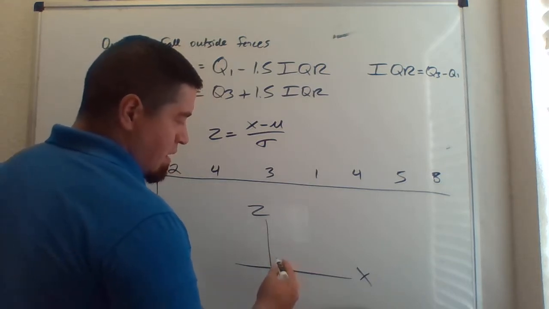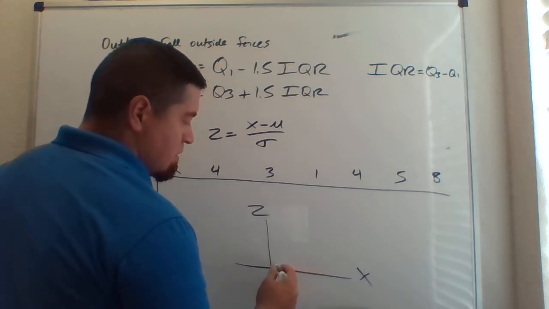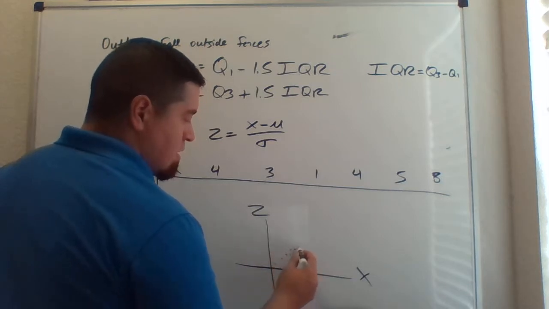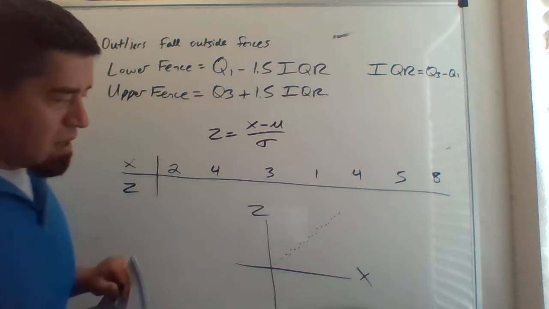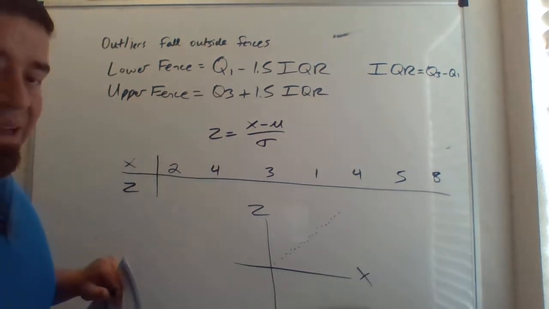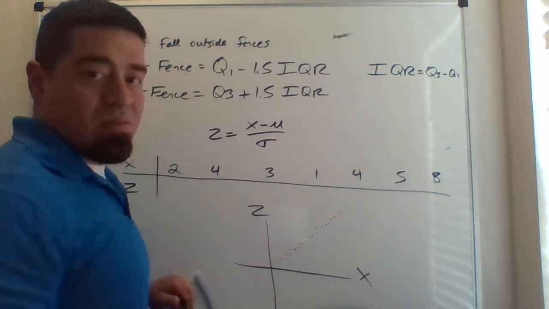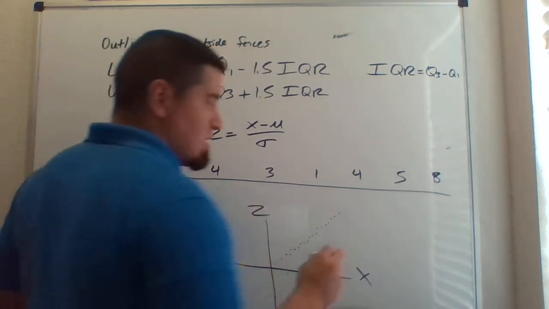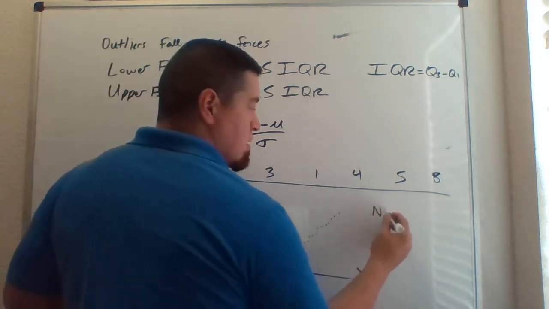I want there to be some negative z-scores, some positive z-scores, but really what I'm looking for is a quantile plot that has some kind of linear shape to it. This is an indication that the original data set is normally distributed.